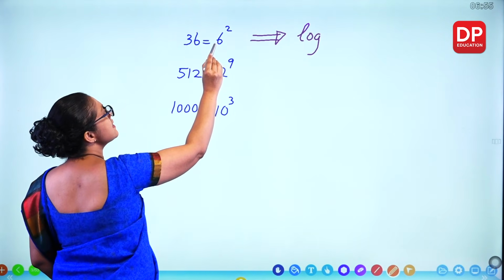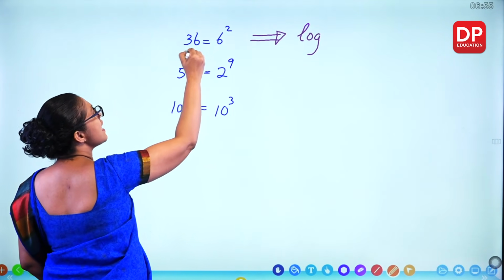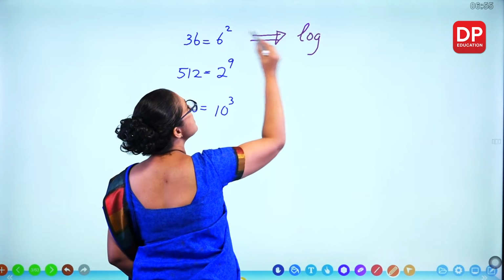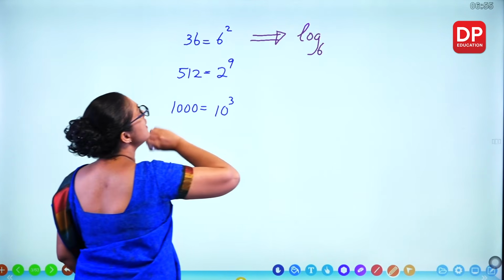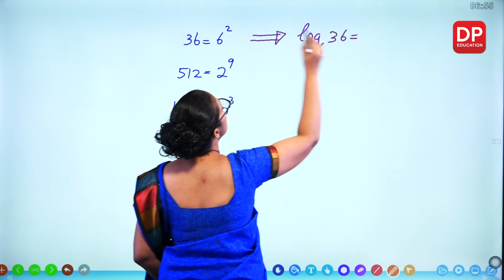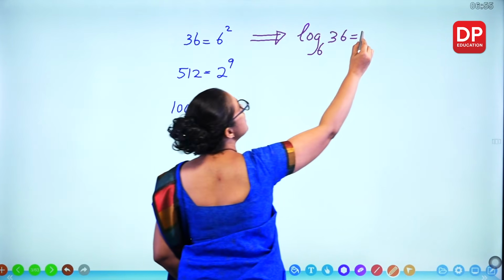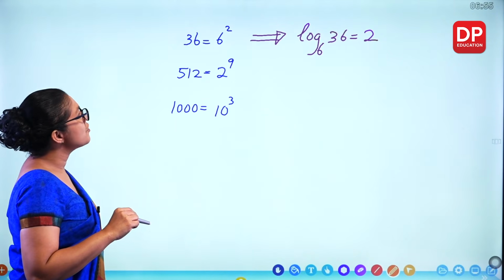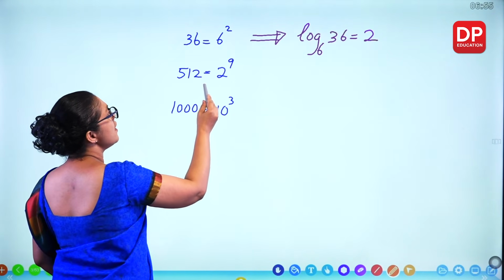This is the base, this is the index, and this is the number. So where we write the base we write here, and then the number is equal to the index. Index is 2.